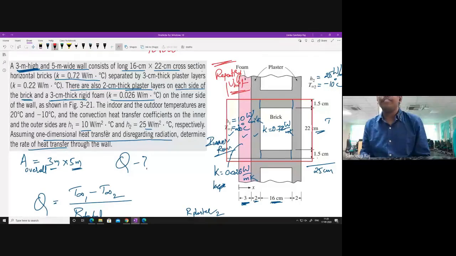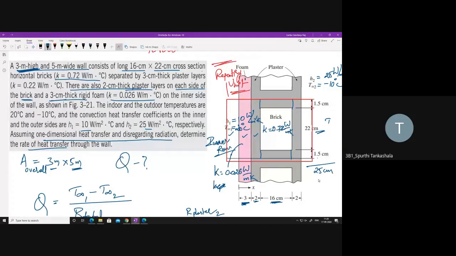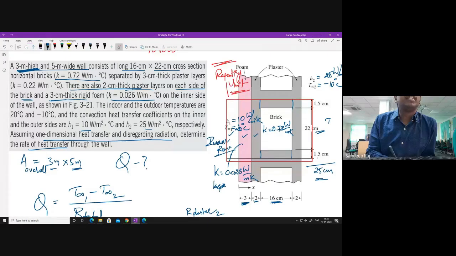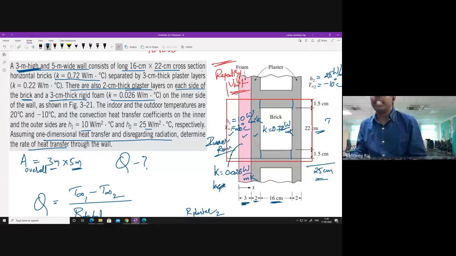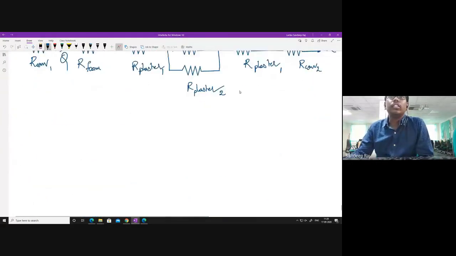So that's why I'm taking a repeating unit here. You got my point? Is it clear? It is 25 centimeters here, but actually it is 3 meters. But I'm taking 25 centimeters only because I have to take the repeating unit concept here. Unless I take the repeating unit concept, I cannot solve it. That's a very good question.